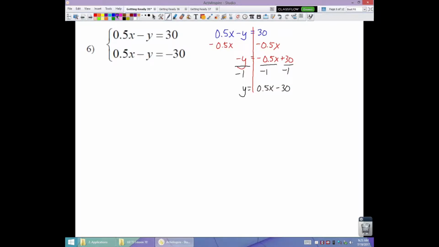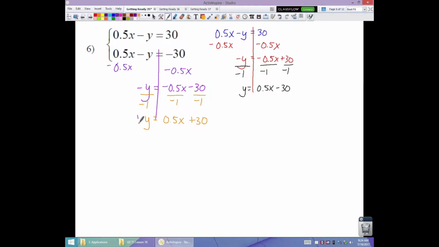Okay. Our second equation here, we subtract half x, leaving us negative y equal to negative a half x minus 30. And then once again, divide everything by negative 1. So y is equal to positive half x plus 30.